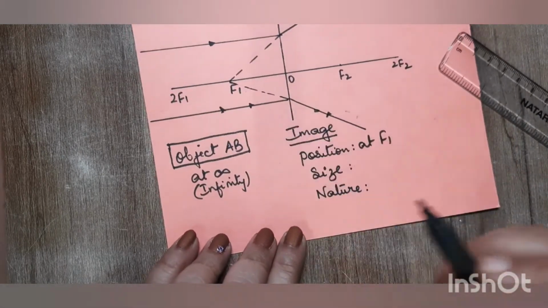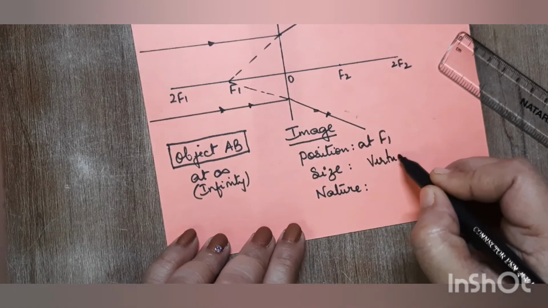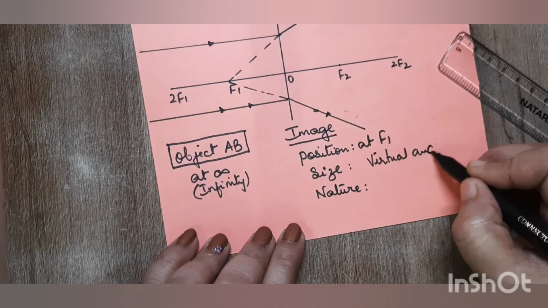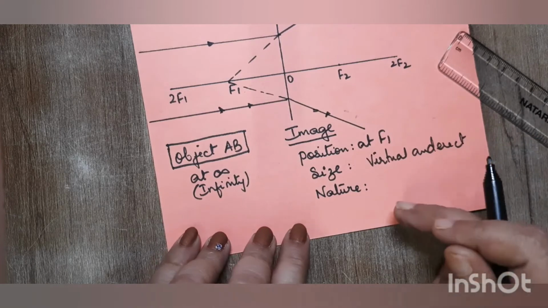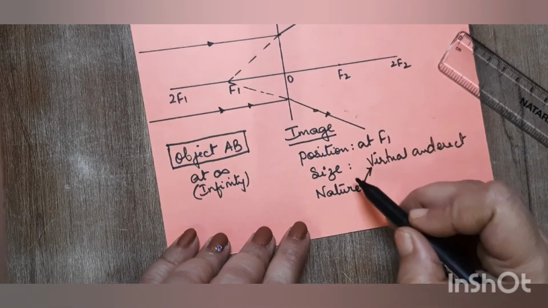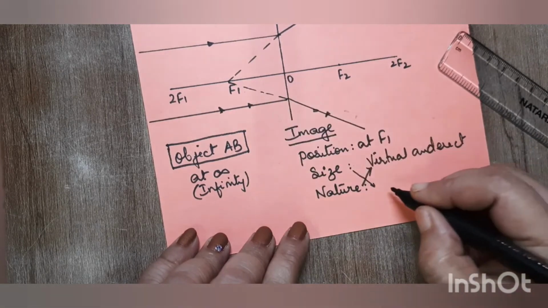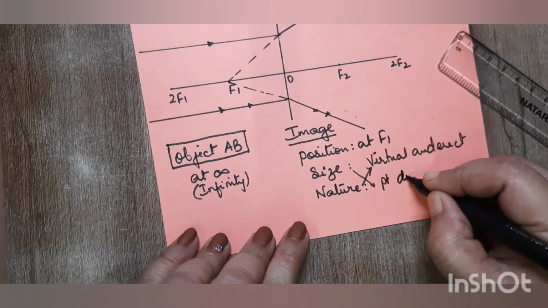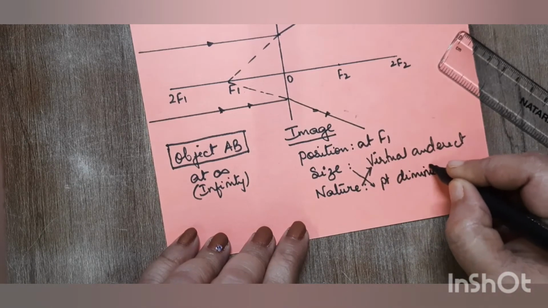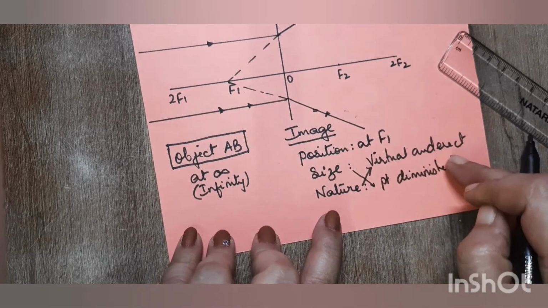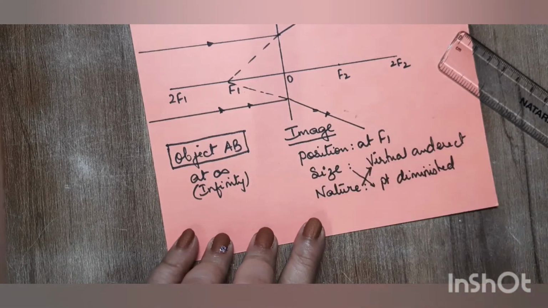When it is on the same side, then it should be virtual and erect. Size is point size or highly diminished.